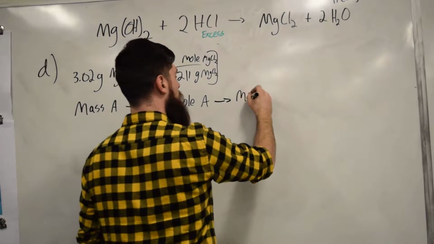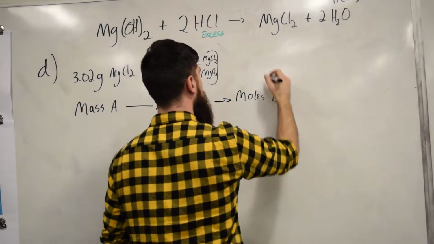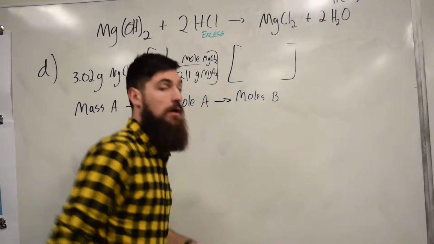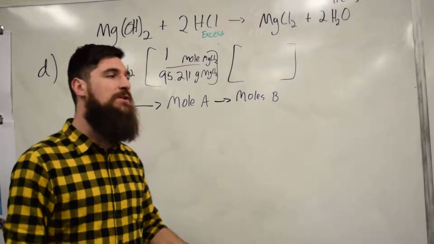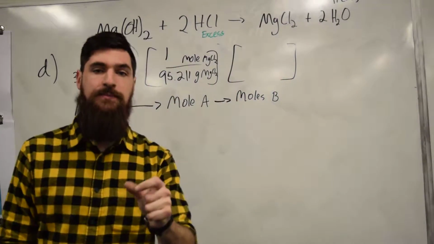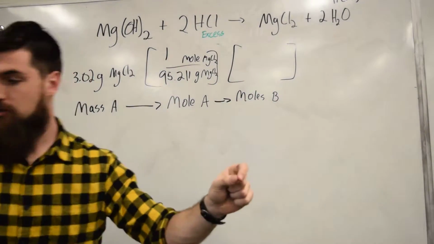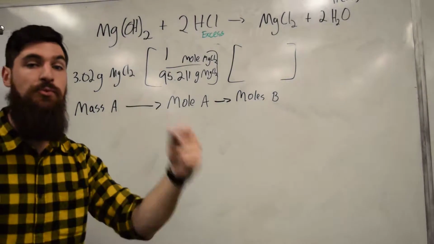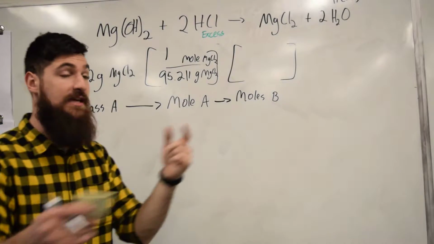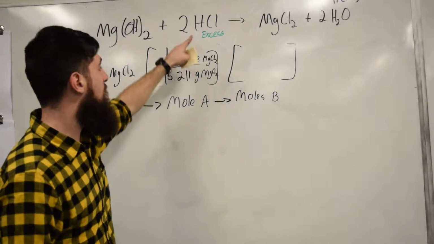So then we're going to moles of B. And here's where people got a little bit confused. What is our B? What are we trying to find? Let me read the question: calculate the mass of excess reactant. We just identified the excess reactant.